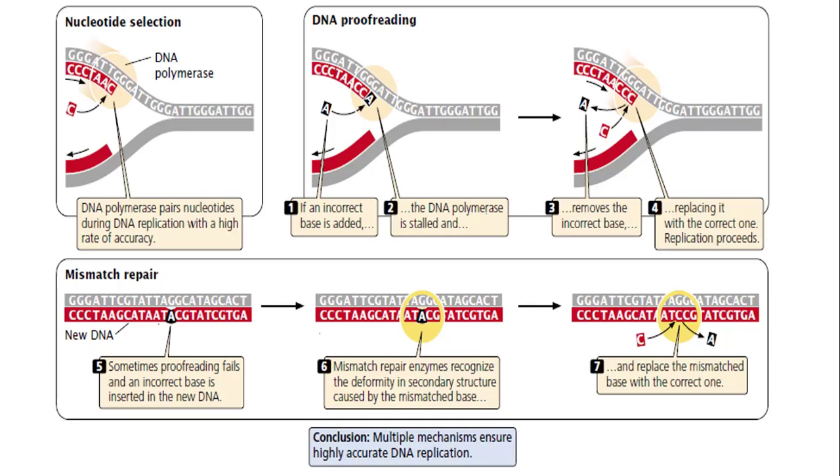In 5, sometimes proofreading fails. We have just mentioned that the system is not that perfect, but efforts are being put in place to ensure that this does not persist. Then number 6, mismatch repair enzyme recognizes the deformity, and we have just seen that. And then in 7, replace the mismatch base with the correct one.